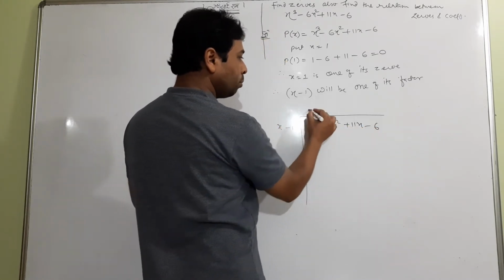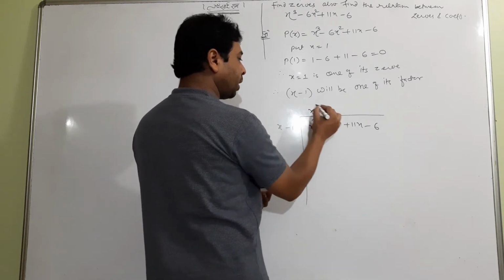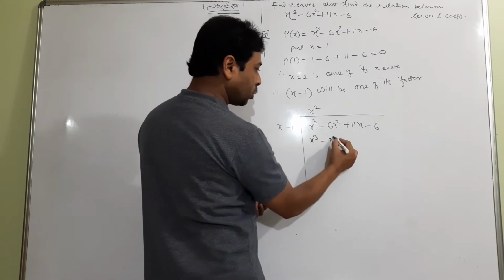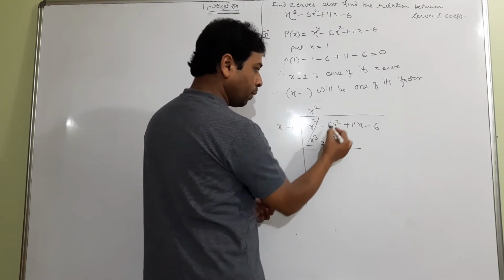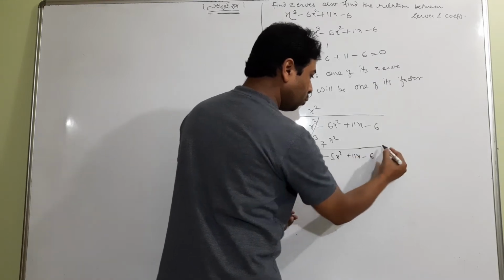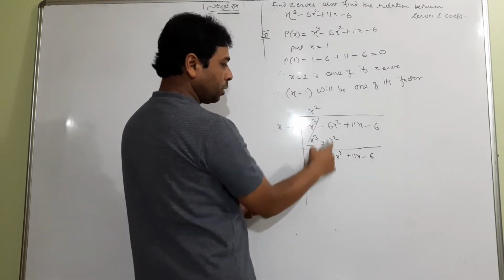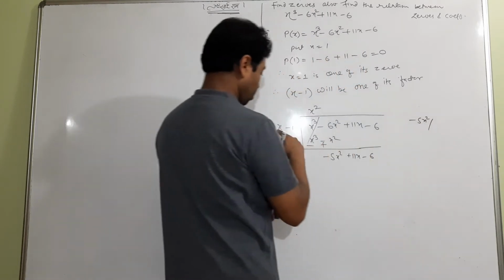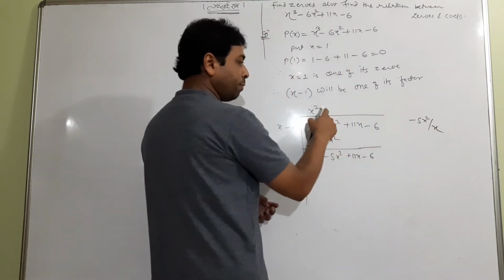I'll go quickly, because I already explained this procedure in previous classes. So it is x cube minus x squared. This is a very simple method. Now I'll predict the value by which I have to divide.